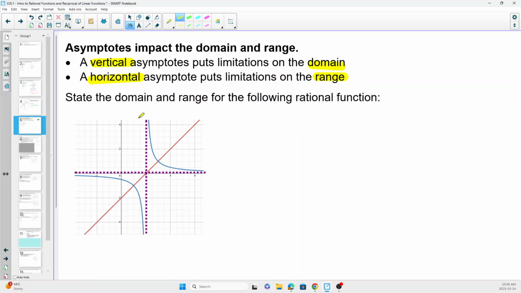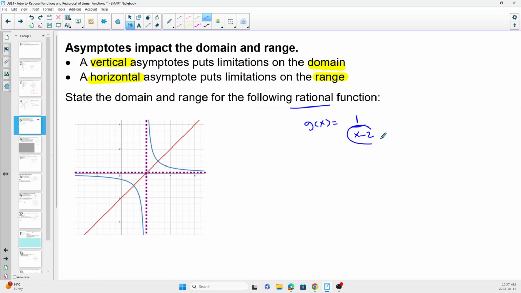Okay, so for this graph that we created, state the domain and range for the following rational function. So we're not looking at this red line. That was the original function that's just graphed on the same Cartesian. But for the rational function, and note that the rational in this case is the reciprocal, we're calling it g at x is equal to 1 over x minus 2.